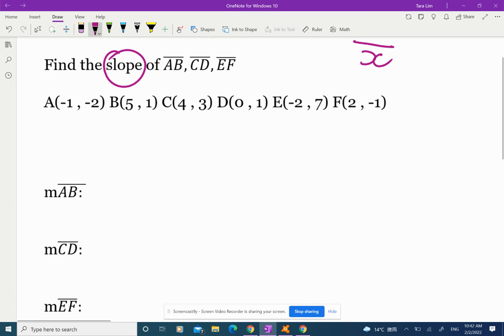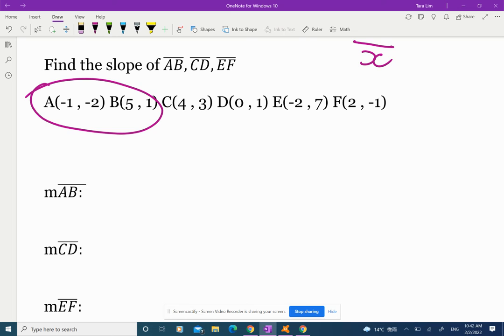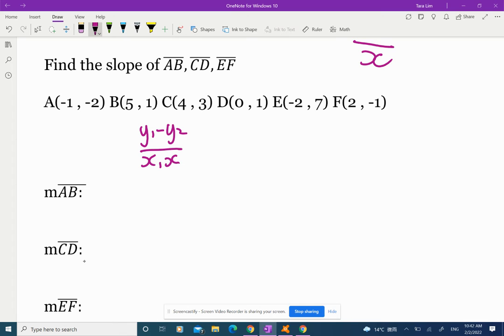Now here we want to find the slope, so m is the slope of AB. So we're just focusing on these 2 points. So there is actually a formula to find the slope of a line. So there's y1 minus y2 over x1 minus x2. Or you can do the other way around.